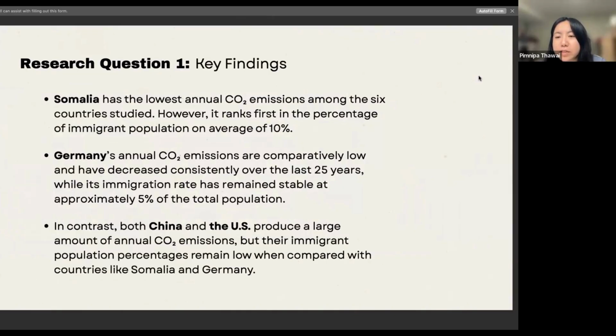Germany's annual CO2 emissions are comparatively low and have decreased consistently over at least 25 years, while its immigration rate has remained stable at approximately 5% of the total population. In contrast, both China and the US produce a large amount of annual CO2 emissions, but their immigrant population percentages remain low when compared with countries like Somalia and Germany.